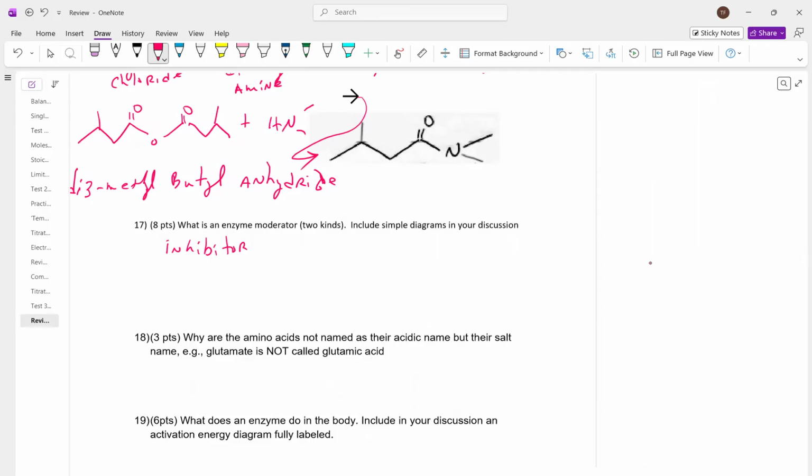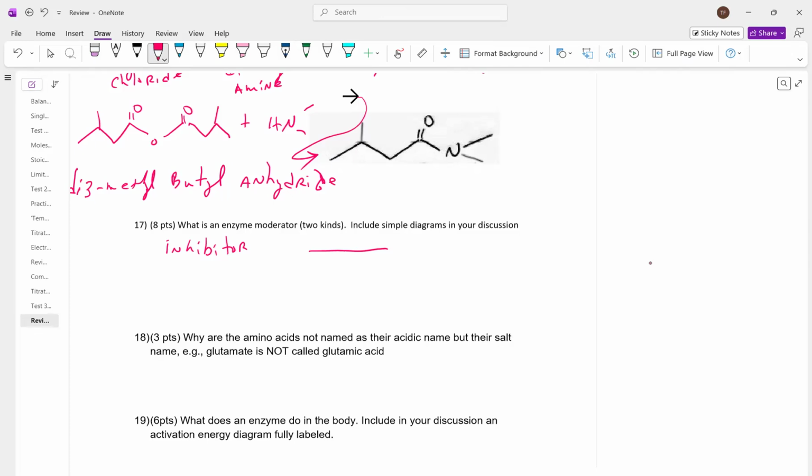No, but there's another. There are two kinds of moderators. One slows it down, one speeds it up. It'll come to me in a minute. Okay, that one speeds it up.